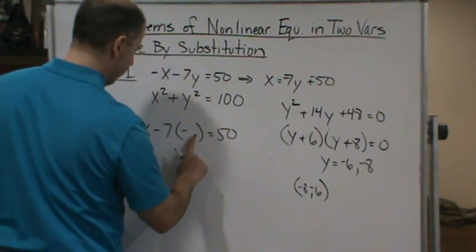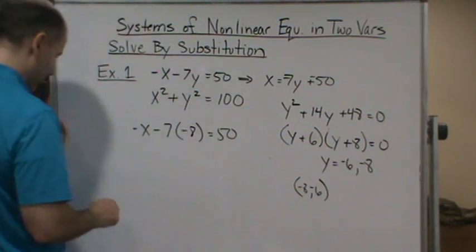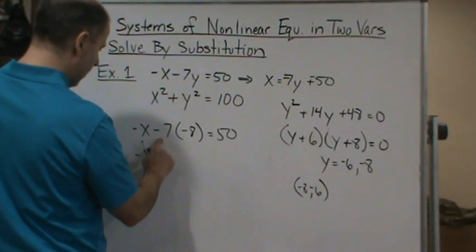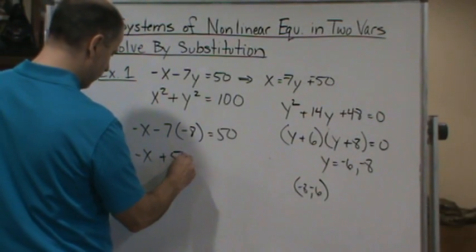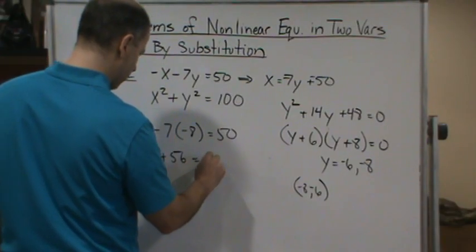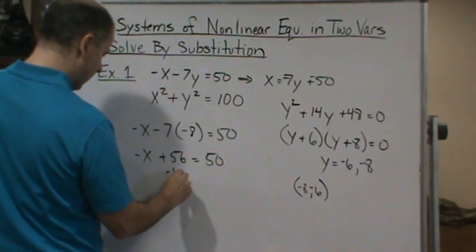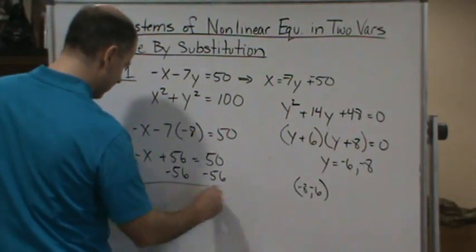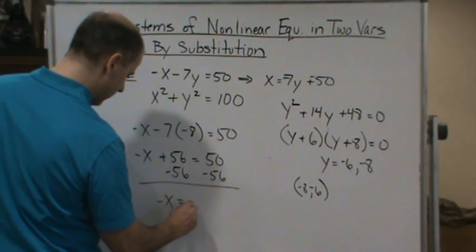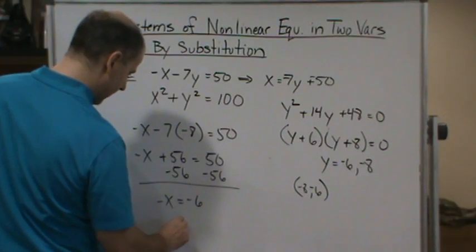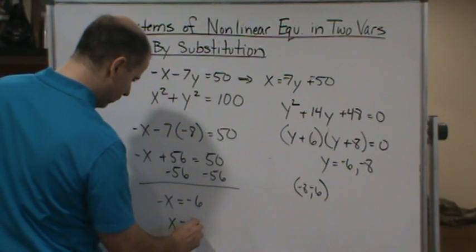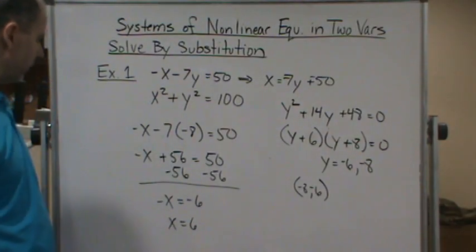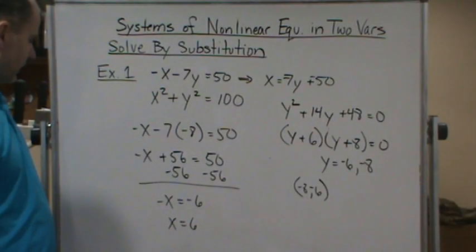So when y is negative 8, now I get negative x plus 56 equals 50. And if I subtract 56 from both sides, I get negative x equals negative 6, or x equals 6, right? If I just multiply both sides by negative 1, I get x equals 6.